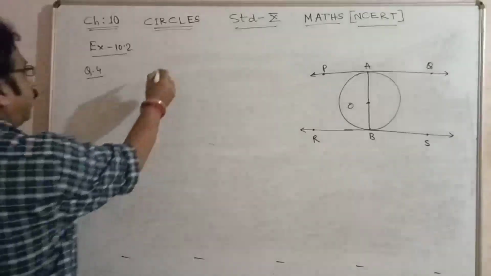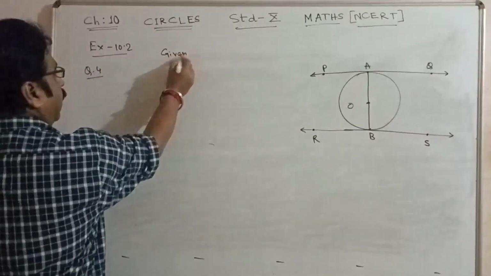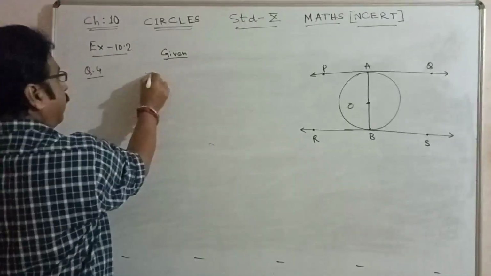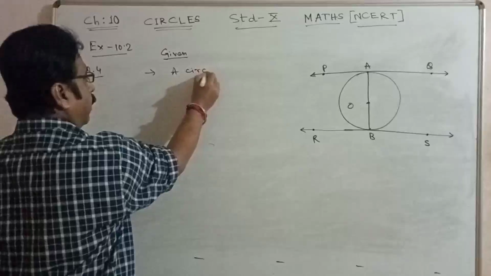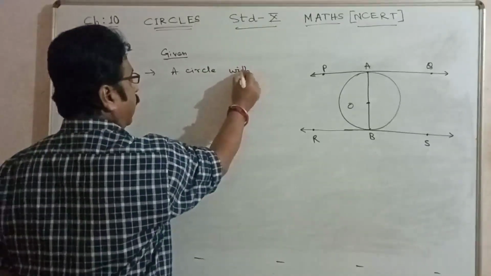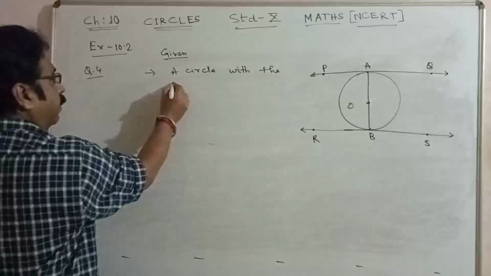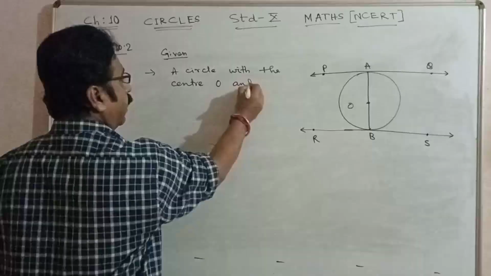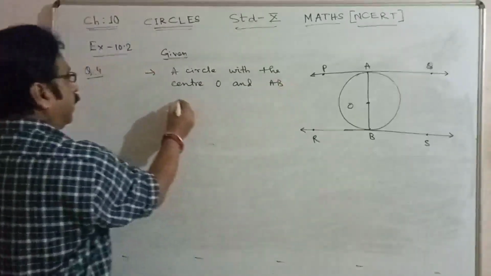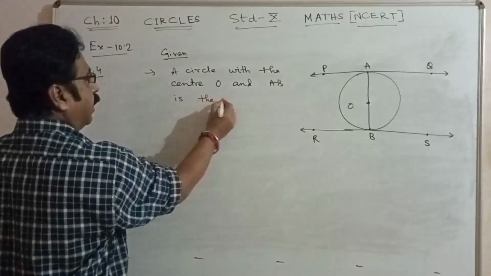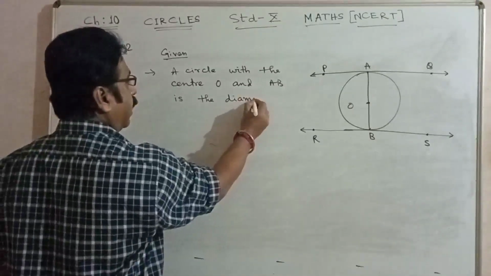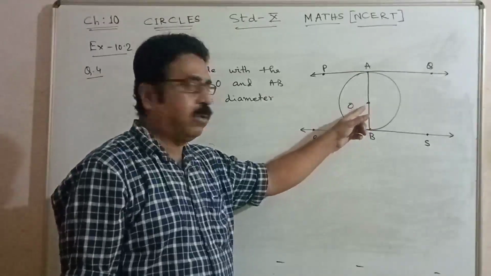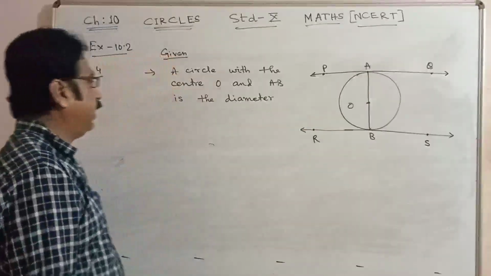So given data: a circle with the center O, and AB is the diameter.